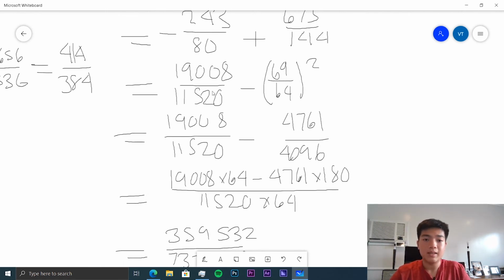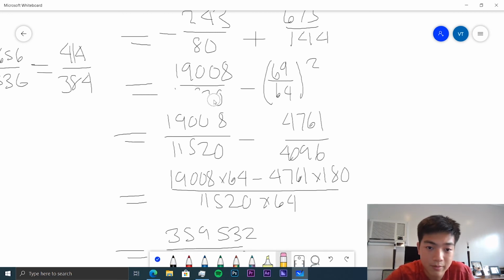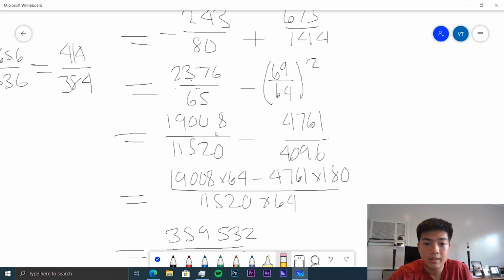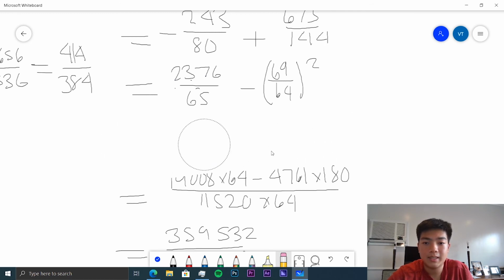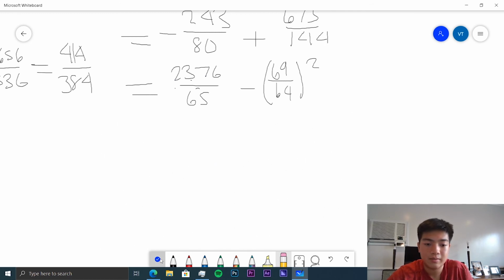19,008 is divisible by 8. Yes, it is. So we can divide both of these by 8. And 19,008 divided by 8 is 2376. Okay, so at least we have slightly less unreasonable fractions.